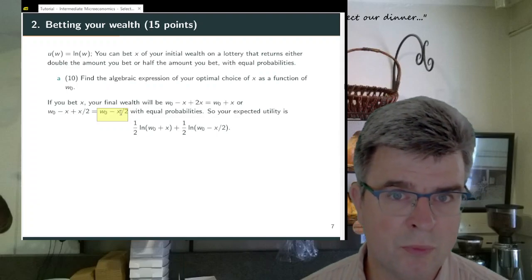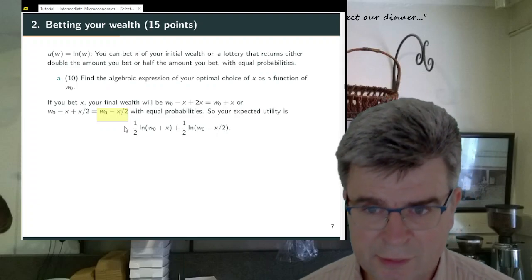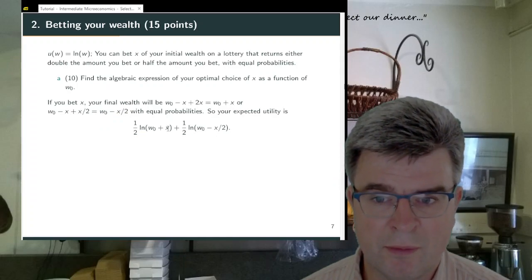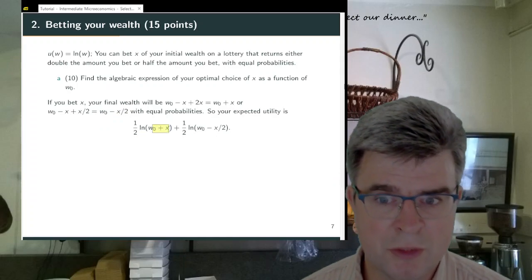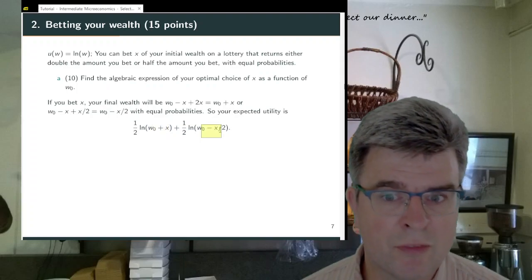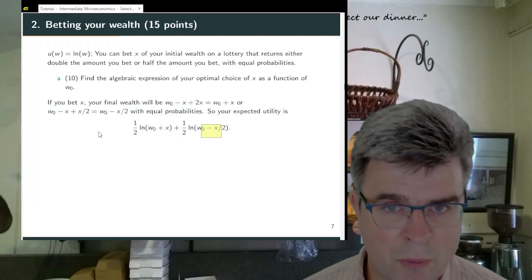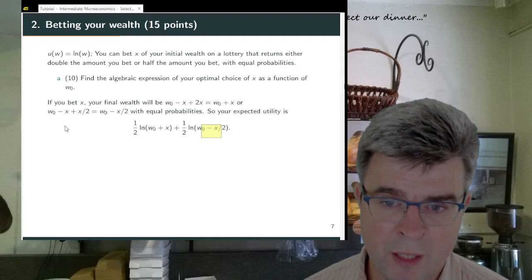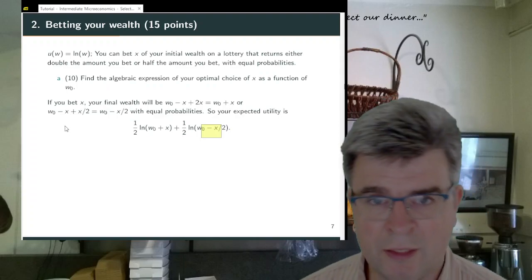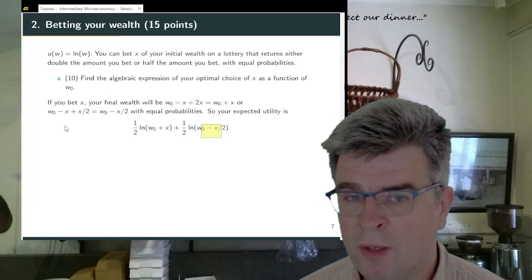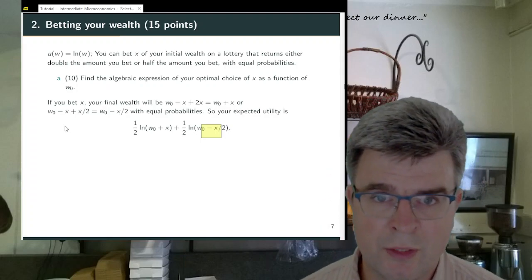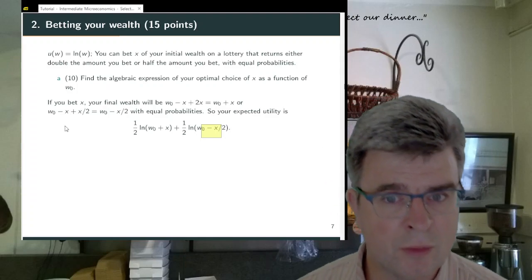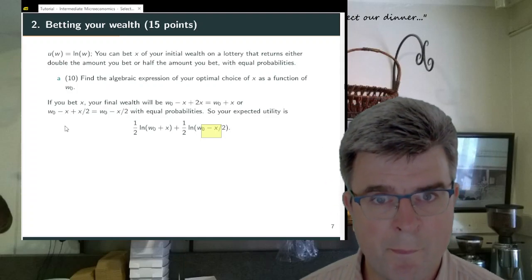So our expected utility, if we bet X, is equal to 1/2 the cases we get a final wealth of W0 plus X, and the other half of the cases we get W0 minus 1/2 X. That's our expected utility function. Once you reach this point, it's easy, because now we take the first order condition of our expected utility with respect to X in order to find the optimal amount to bet.